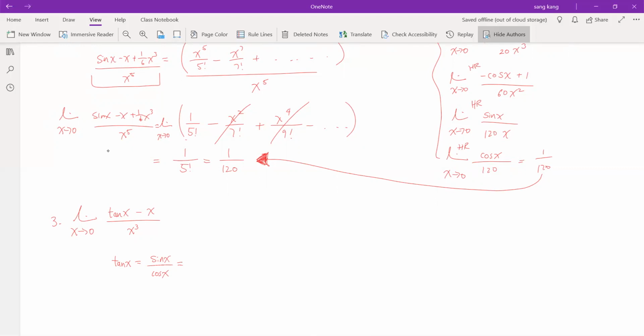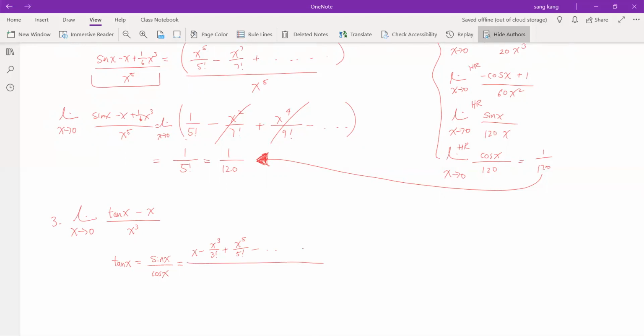Sine x is defined to be, I have a cheat sheet here, so I'm looking off that as well. x minus x cubed over 3 factorial plus x to the 5th over 5 factorial minus dot dot dot.